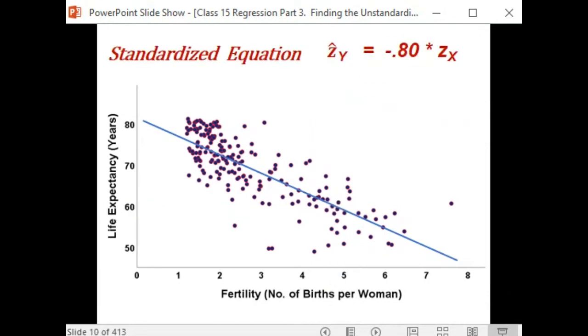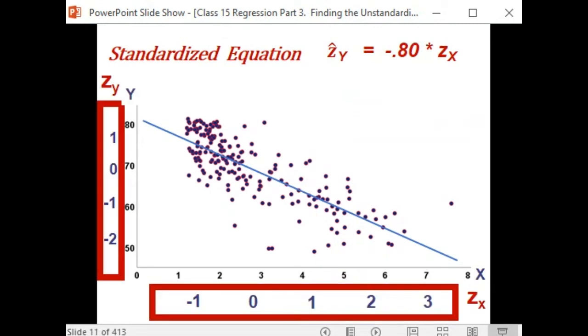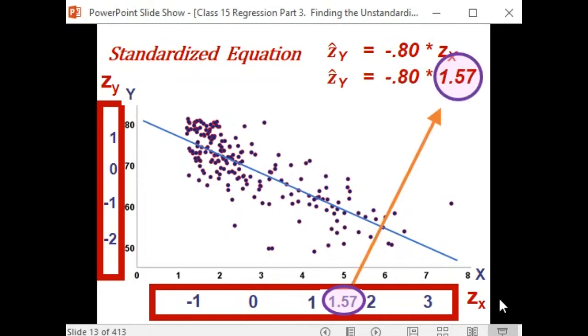Now, this regression line also has a standardized equation, and we can use it to make predictions using the z-scores. For example, suppose a country's z-score on the x variable is 1.57. This z-score is equivalent to a raw score of 5. And we can plug 1.57 into the standardized regression equation.